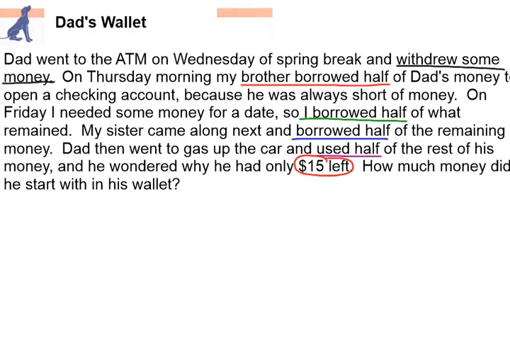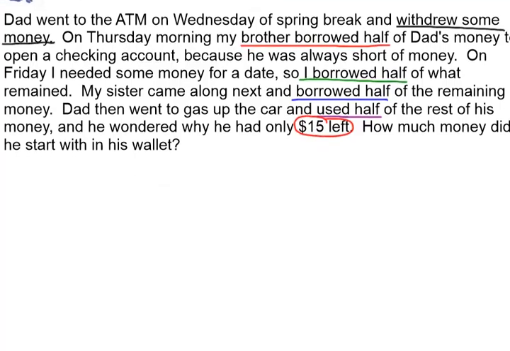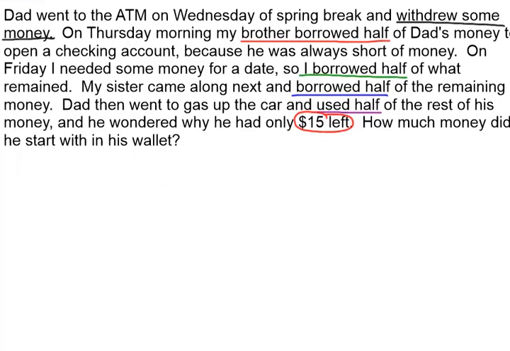So $15 left. When we work backwards, we start out by writing down everything we know in order as it happened. First, I know that Dad has some money. We don't know how much, so I'm going to say that's X. Then my brother came along and borrowed half of it.